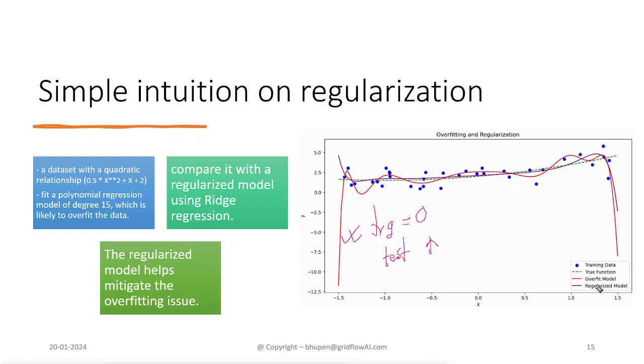That's the sign of an overfitting model. With the regularized model, this will not be 0. This will have some non-zero value. That means there will be some training error, whereas the testing error will slightly go down. That's the objective of regularization.